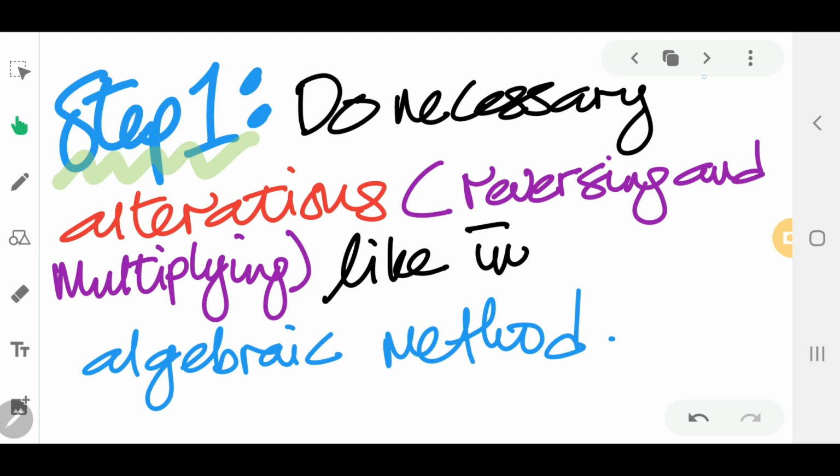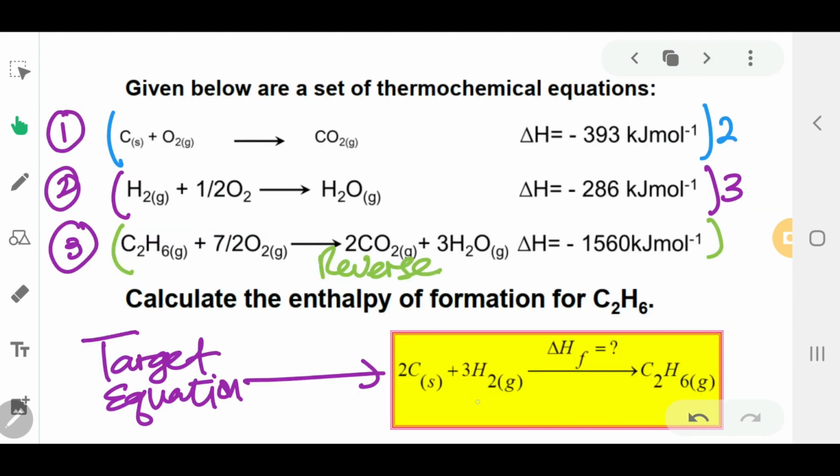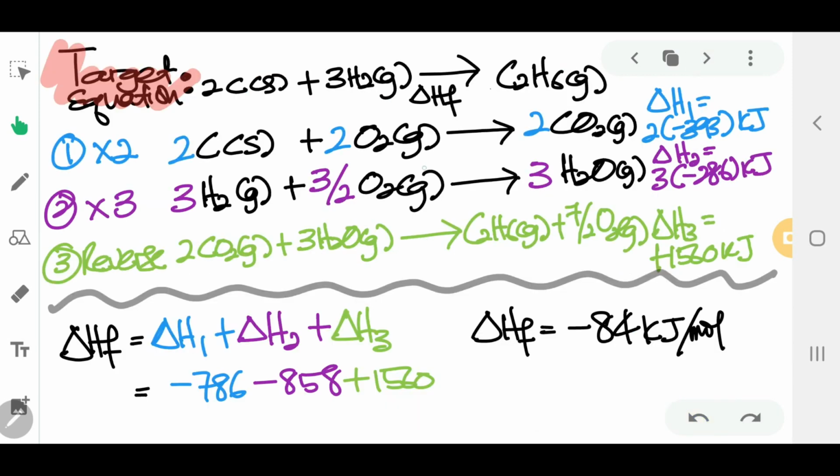You're going to look at the target equation, give numbers to your first, second, and third thermochemical equations, and do the multiplications and reversing based on your target equation. Then you'll get something like this: your target equation and your altered thermochemical equations, and this one is just your reference. We haven't done the energy cycle method yet.